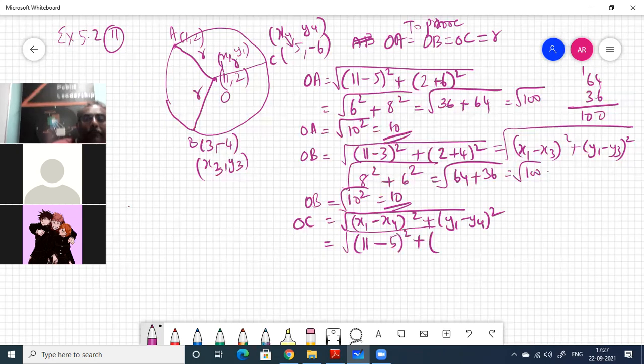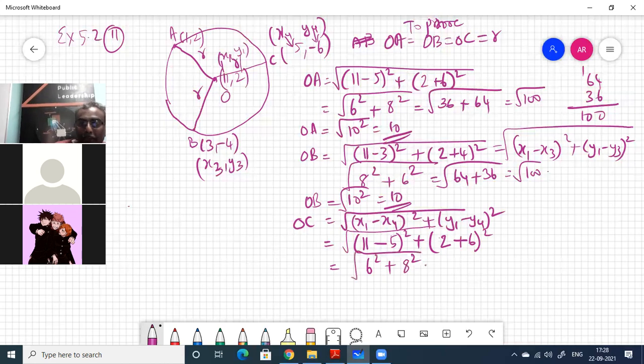If you make these kind of silly mistakes, you will never solve the problem. What is y1? 2. Y4? Minus 6. So minus of minus 6 is plus 6. 11 minus 5 is how much? 6. 2 plus 6, 8.